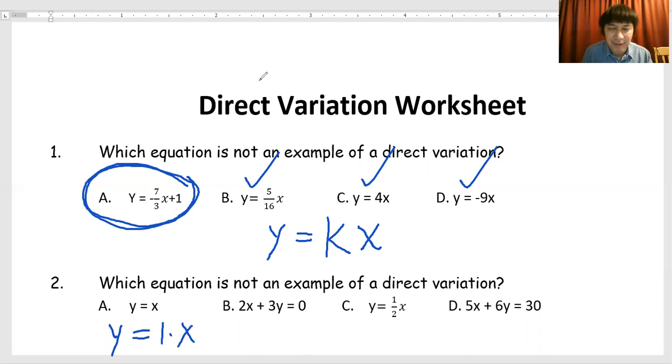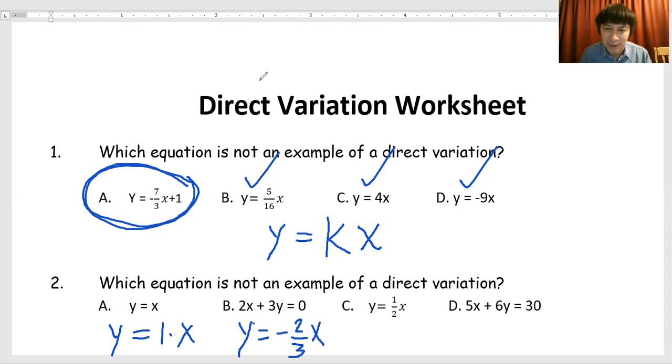Now if you're going to see B, you can actually transform this such that when we do algebraic transformation, we can transform this like y is equal to -2 over 3x, okay? -2 over 3x, like that. So that will still be direct variation.